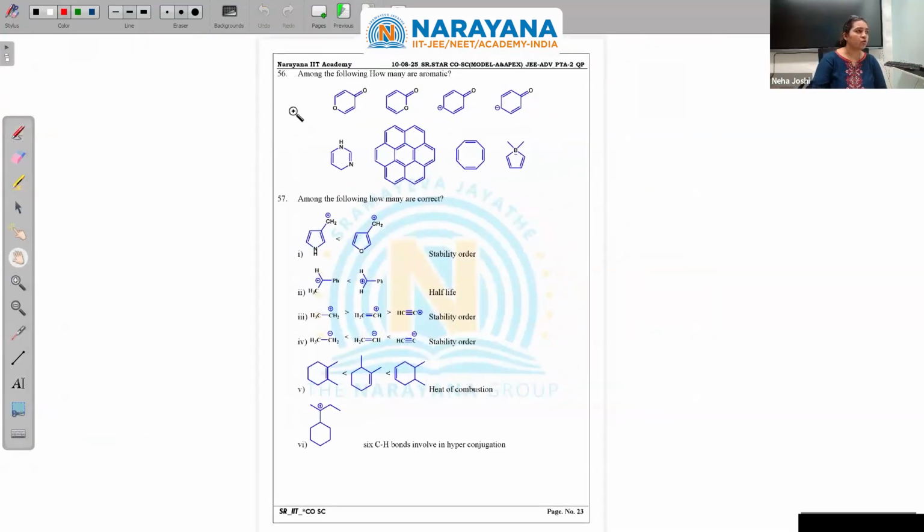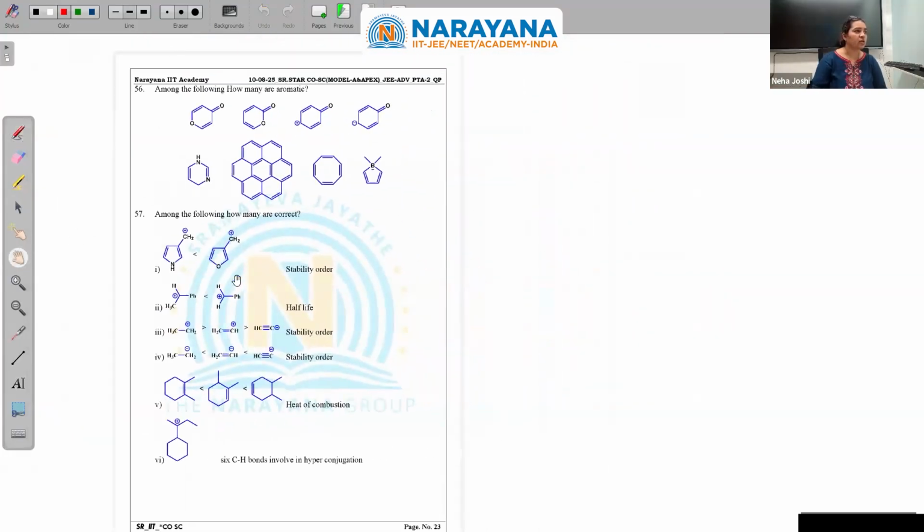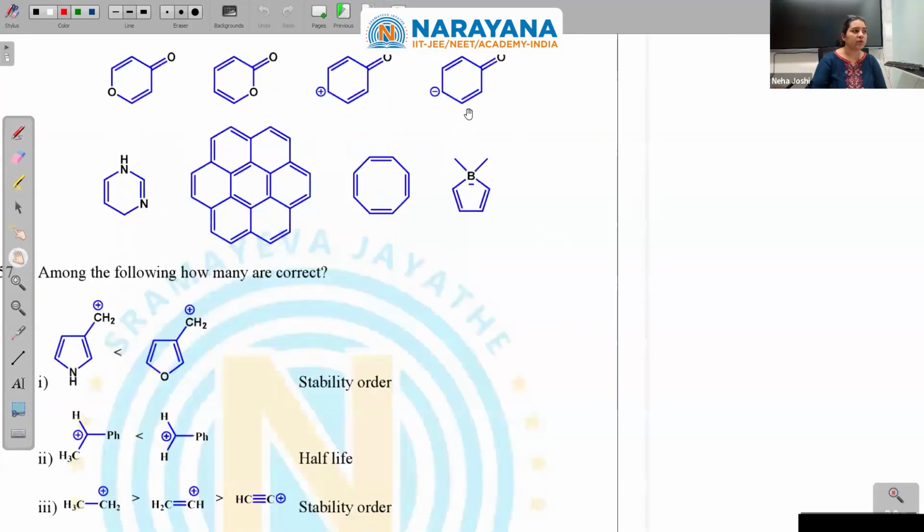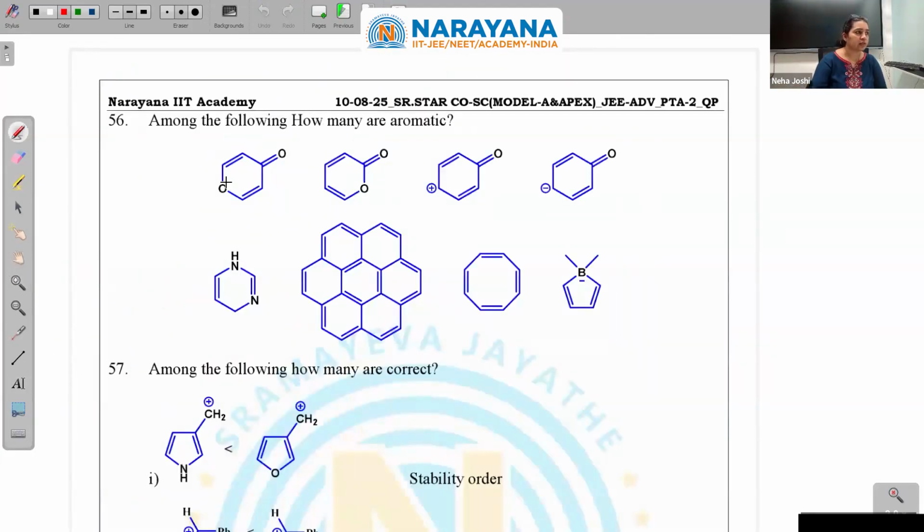When we go to 56, among the following, how many are aromatic? Let us see. This, when polarized like this structure, then this part is aromatic. 4n plus 2 equal to 6: 1, 2, 3, 4, 5, 6. So this is aromatic. Similarly, this can be aromatic.